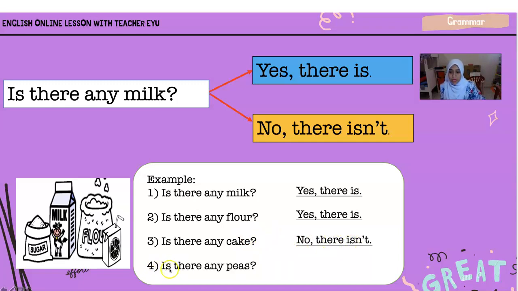Number 4, is there any peas? So there are no peas here. Okay, kacang peas tak ada. So the answer is no, there isn't. Okay, boys and girls, let's read the question and answer together. Number 1, is there any milk? Yes, there is.